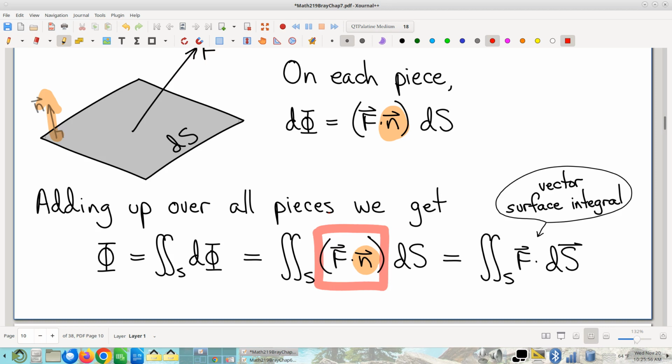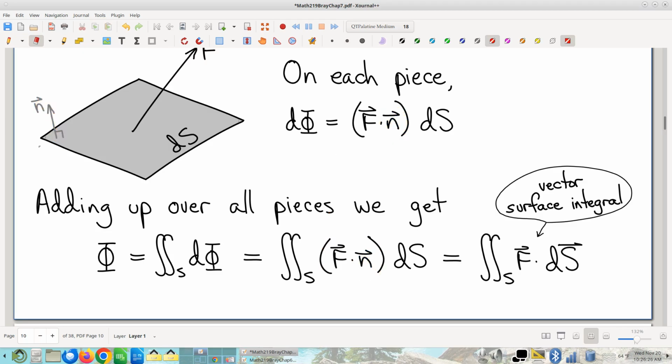It depends not just on the choice you've made between the two possibilities of which way that orientation can go, but on how that piece of surface sits in space. This is different from that, which is different from that, which is different from that. So this is not just dependent on position alone.